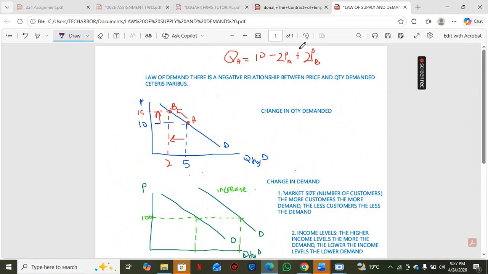So here, since we've seen a plus sign, you know that good B and A are substitutes. Because of this plus sign, you say, oh, good A and B are substitute goods.